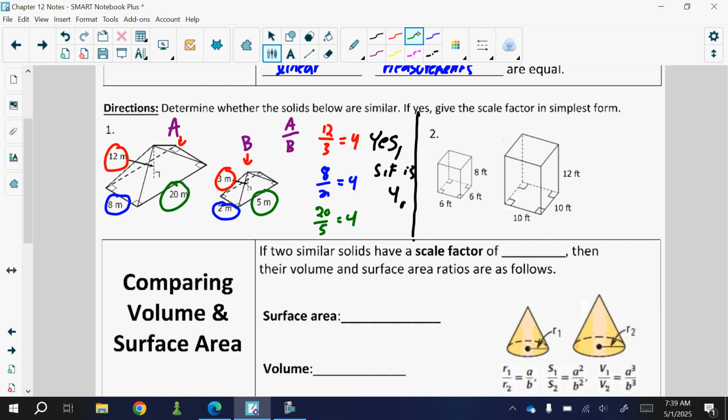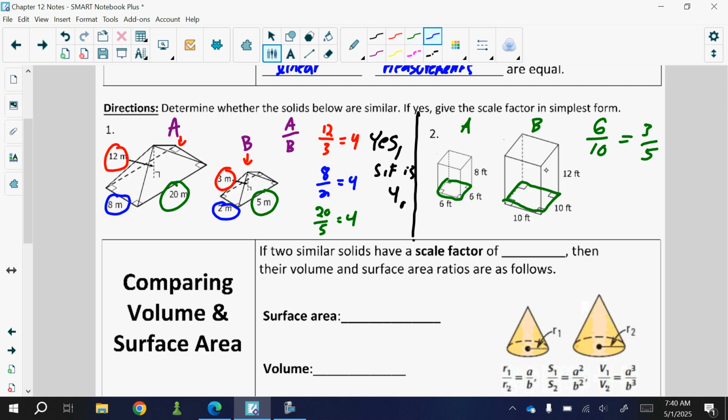Okay, let's take a look at the next one. Since the base of this prism is a square, we don't need to do 6 over 10 twice. Again, we call this one A and this one B. So we can just do 6 over 10 once. That simplifies to 3 over 5.